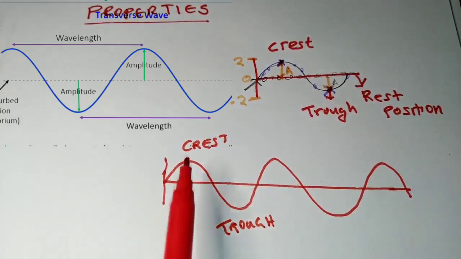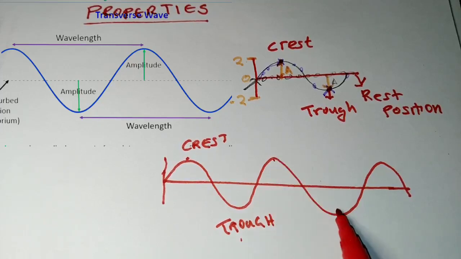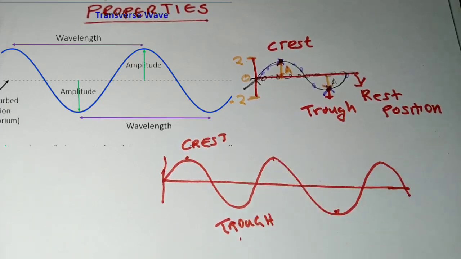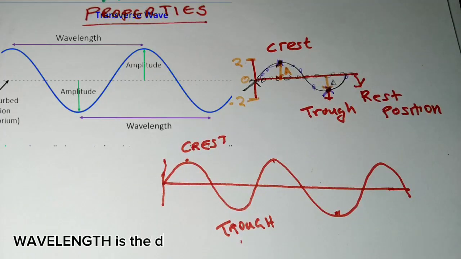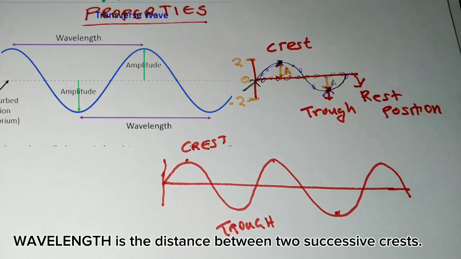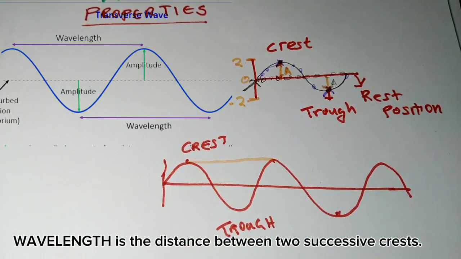So I have a crest and a trough. Similarly here we're going to have a crest and a trough. The distance between two successive crests is definition number one for wavelength. So this distance from there to there.